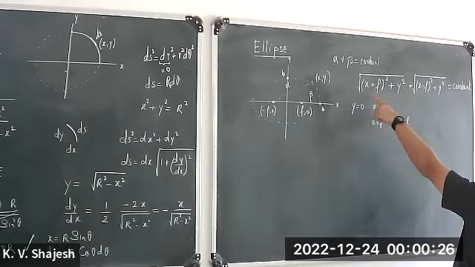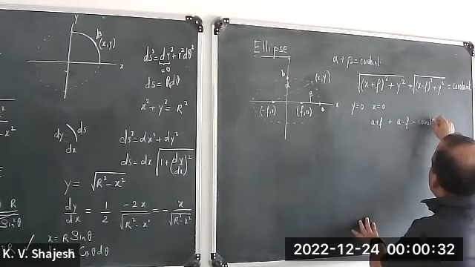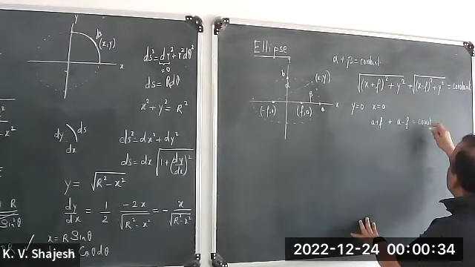So y is 0, this is A plus f, A minus f. That's equal to a constant, and that tells me the constant should be equal to 2A.